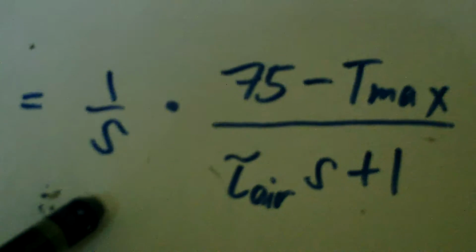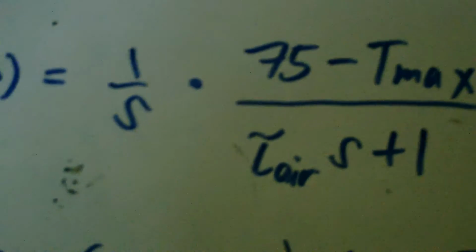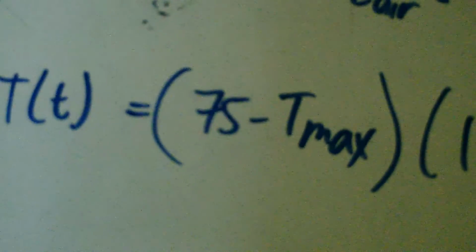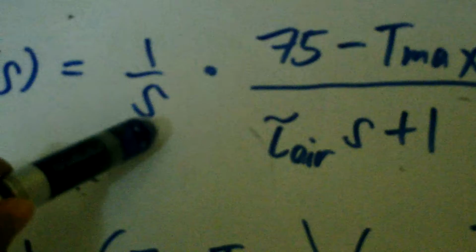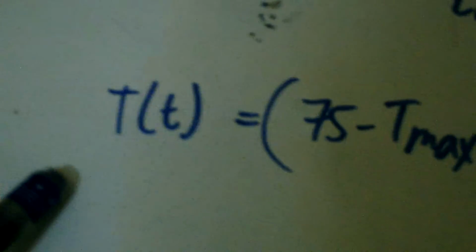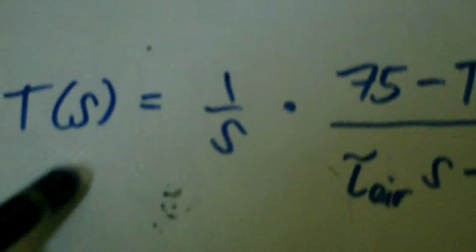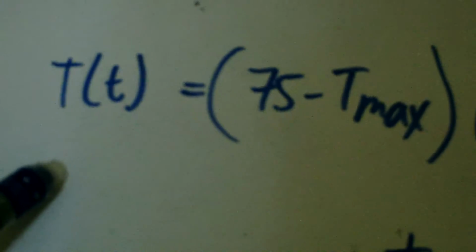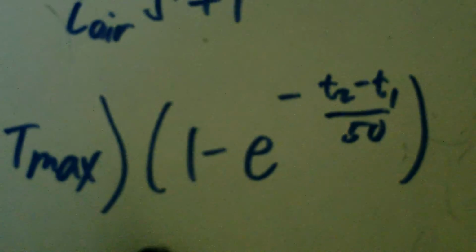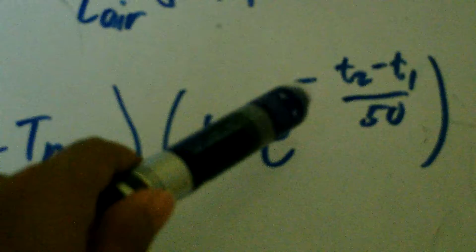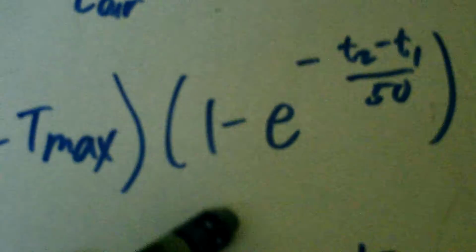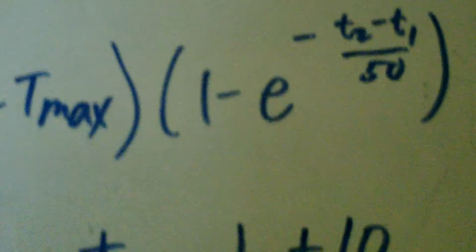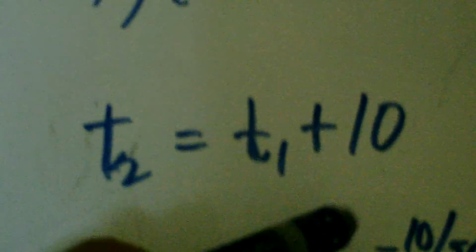We still have the same as what I solved earlier, so let's skip that part and go to the answer. The Laplace transform for this would be T of t equals 75 minus T max times 1 minus e to the negative T2 minus T1 over 50, and T2 from the problem itself is T1 plus 10 seconds.